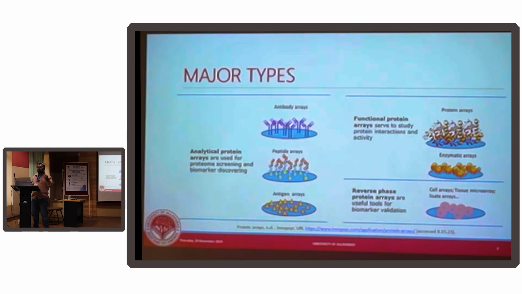Now you take the entire protein cell lysate, you incubate this glass chip. In one go, you can do a sort of an ELISA or Western blot of all these proteins.